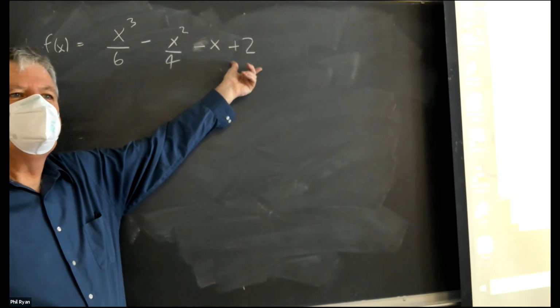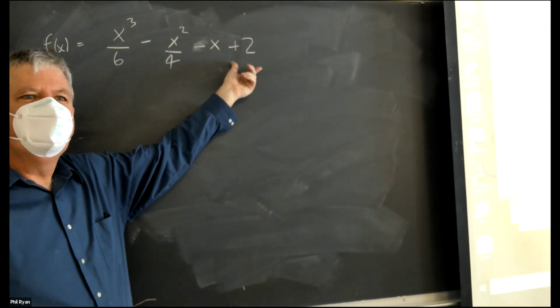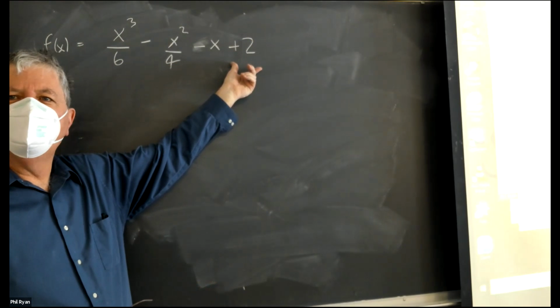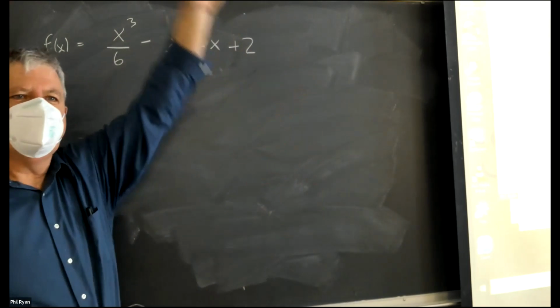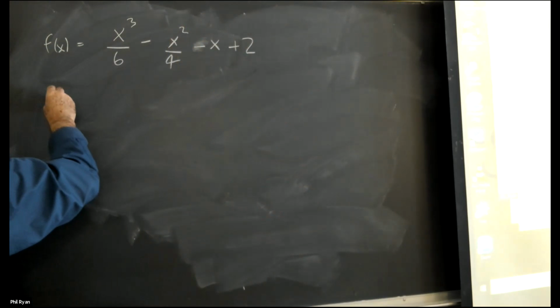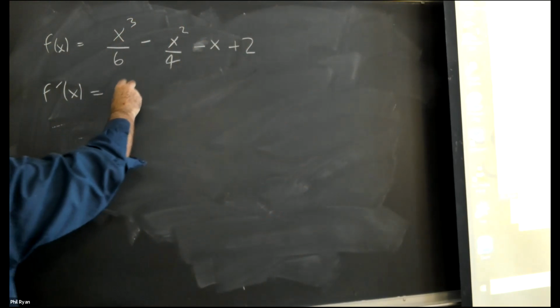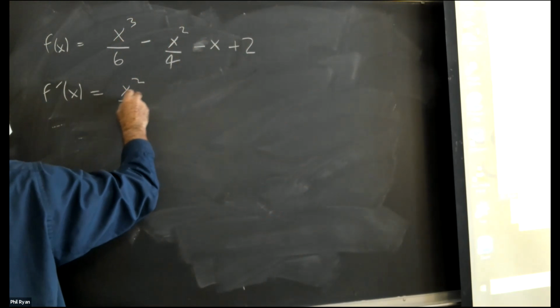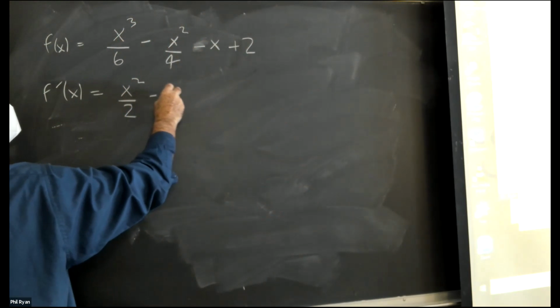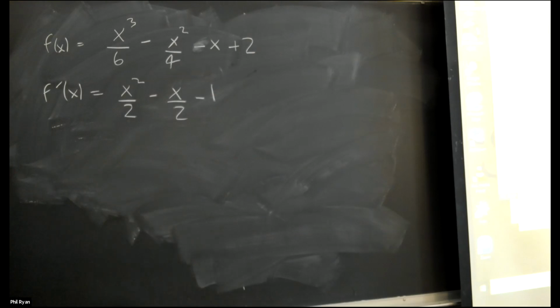What is the effect of this plus 2? It doesn't affect a critical point or inflection point at all. All it does is it moves the function up and down. So when we take its derivative, the plus 2 goes away. We get, what is it, x squared on 2 minus x on 2 minus 1.